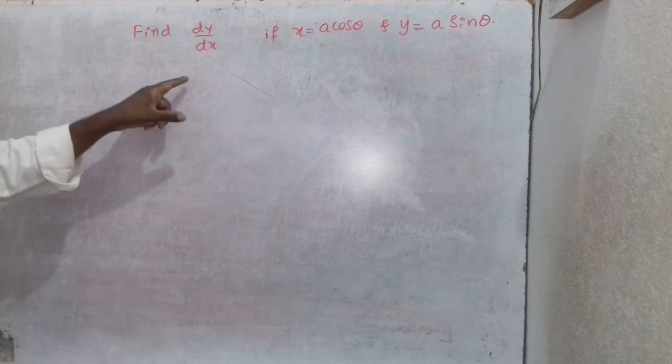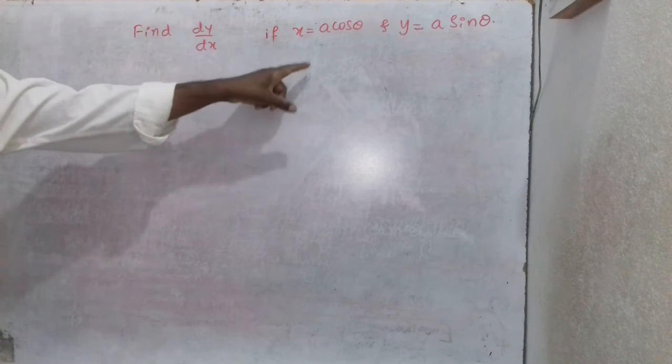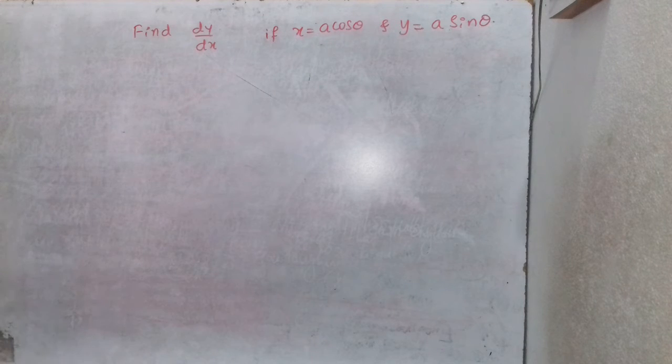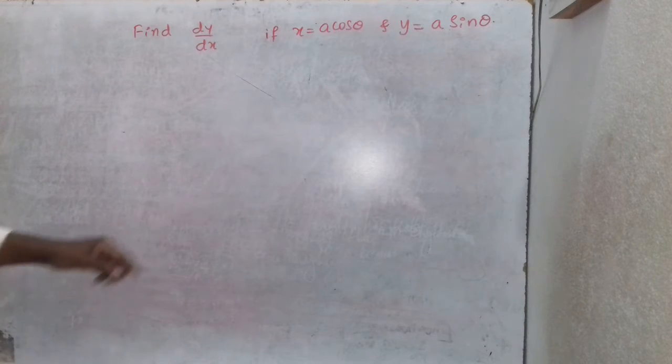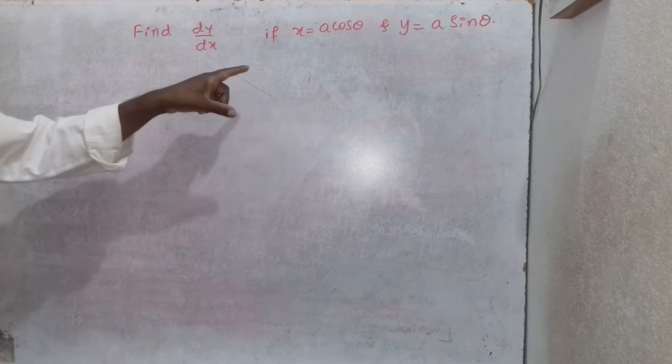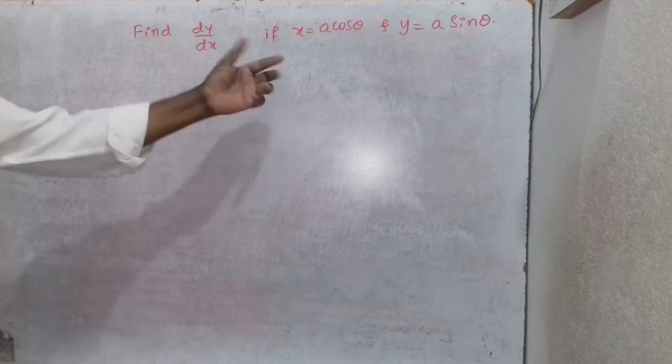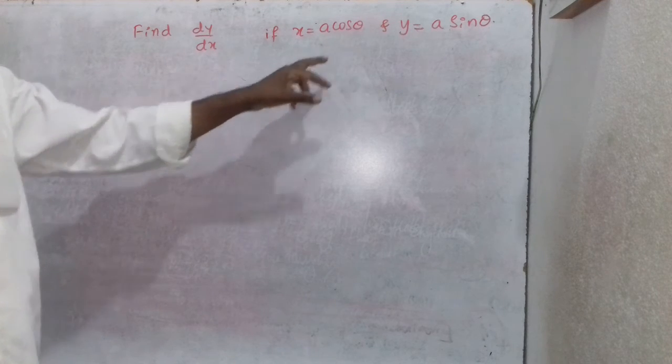Find dy by dx if x equals a cos theta and y equals a sin theta. In yesterday's class I discussed parametric functions.